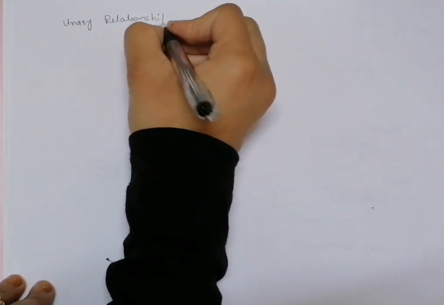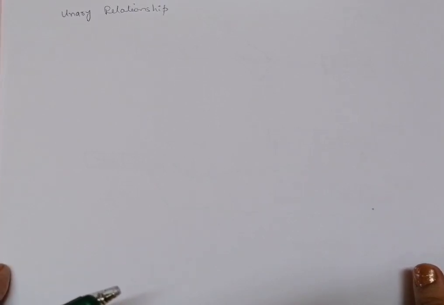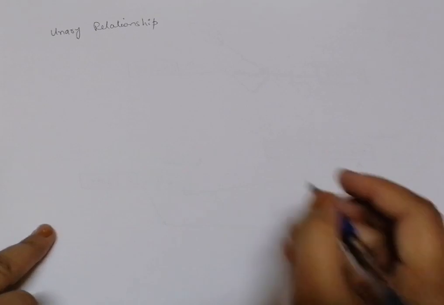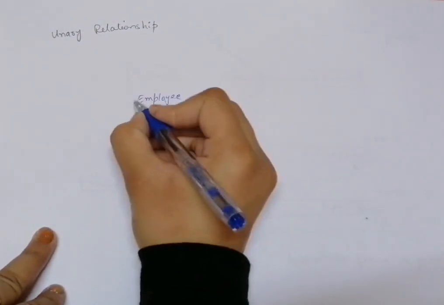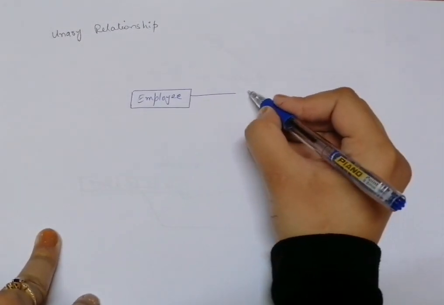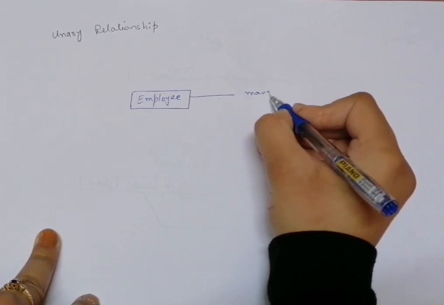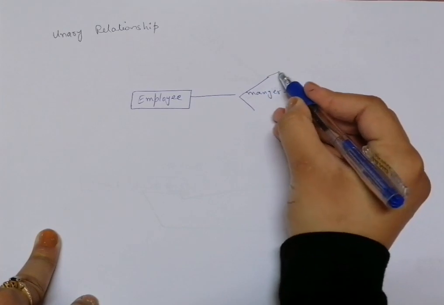Whatever the cardinality constraint of a unary relationship may be, we make the primary key of the same table a foreign key in that table. In order to understand this, let's consider an example of a unary relationship. Let's say I have employee as an entity, and there is some manager, a person or a group of persons that a particular employee may be managing.